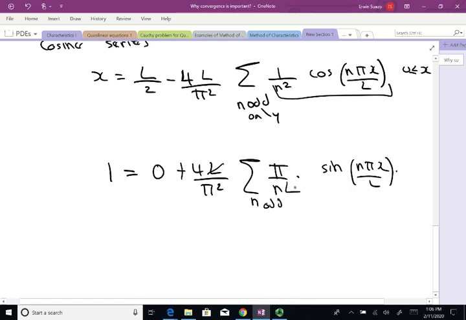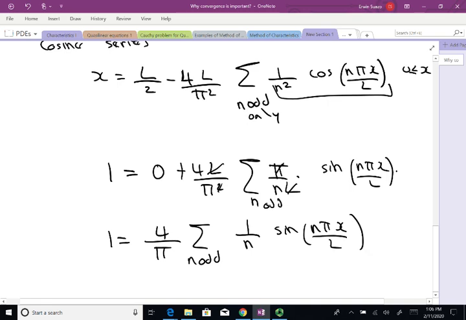This L cancels with this L, and this pi squared cancels with this pi. So finally I get 4 over pi, the sum over n odd of 1 over n sine of n pi x over L. And this is the Fourier series, the Fourier sine series of 1.